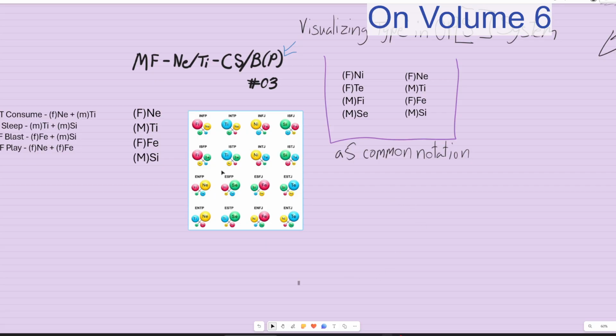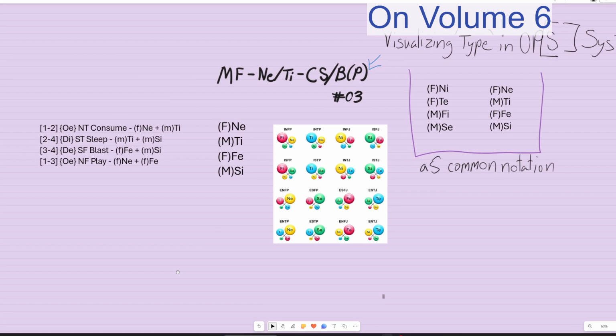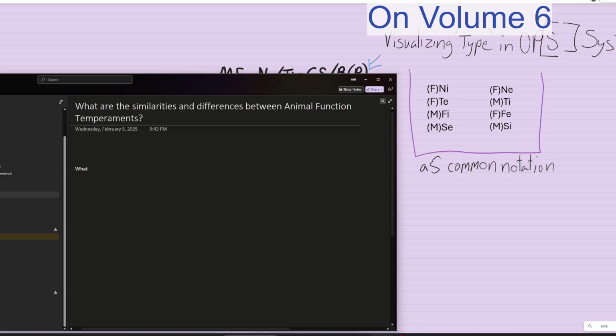INTJ or ENTP. And the question that we have specifically is, what are the similarities and differences between animal function temperaments?